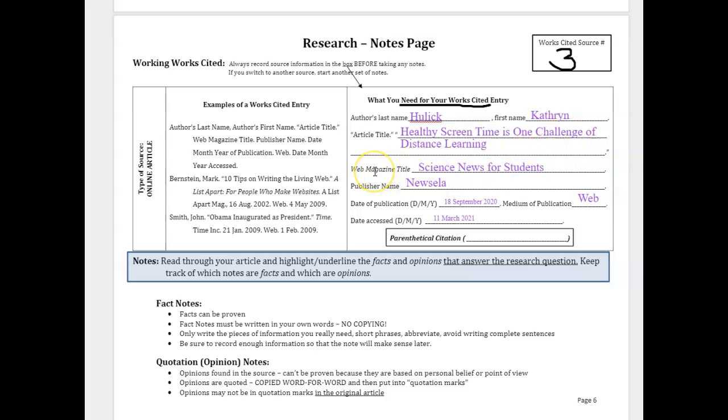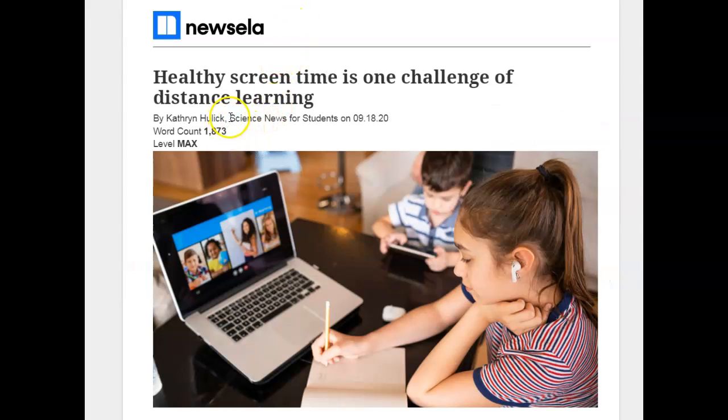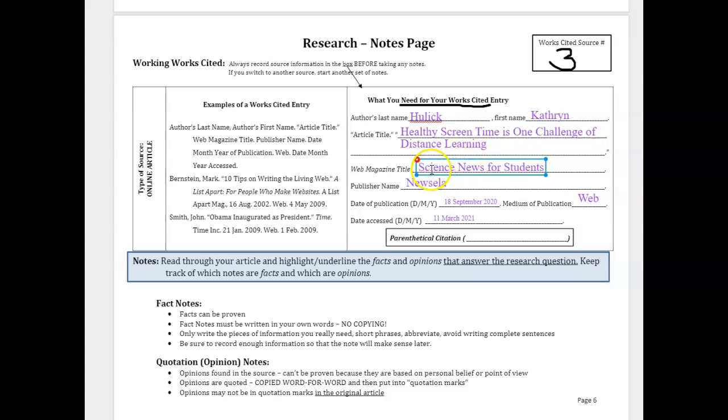When it came to the web magazine title, that was also at the top. This article was originally featured in Science News for Students. And the one thing I'm going to need to do, because it is a magazine title, I'm going to need to underline it. So make sure you've done the same.